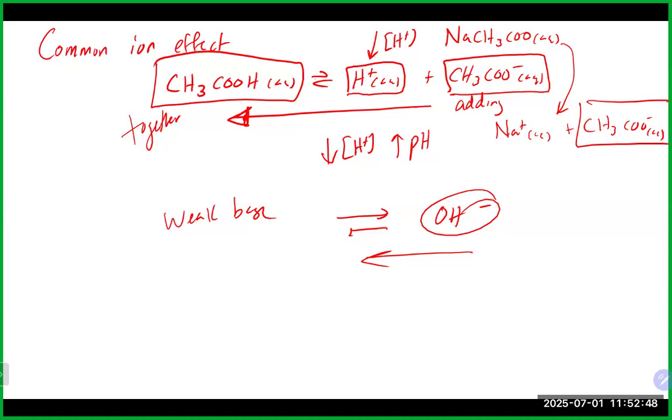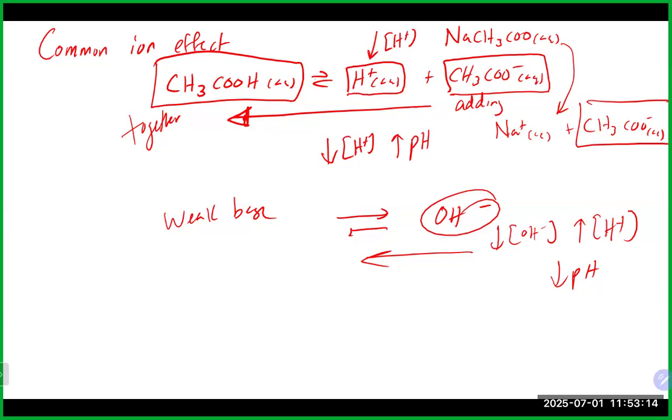It's going to keep it together, so it's not going to produce as much hydroxide, which means you would have a lower concentration of hydroxide. The result is you'd have a higher concentration of H plus, and in this case we would expect the pH to be a little bit lower than it would be in a weak base by itself. So it can work in both of these situations.